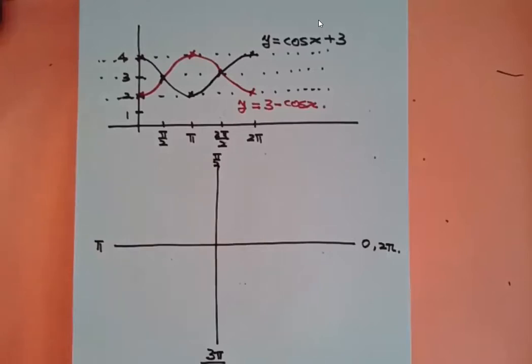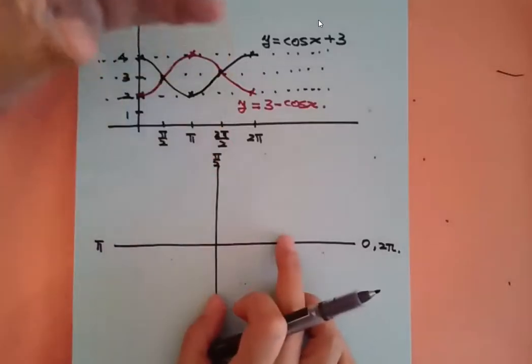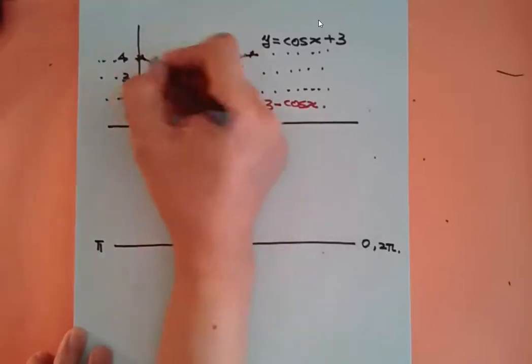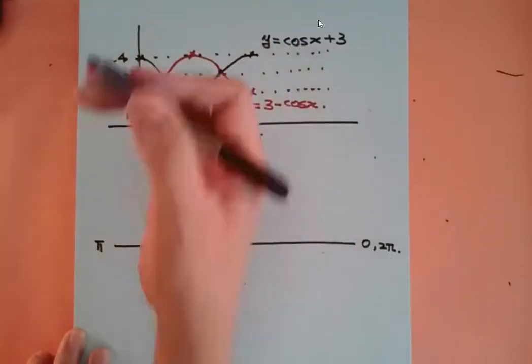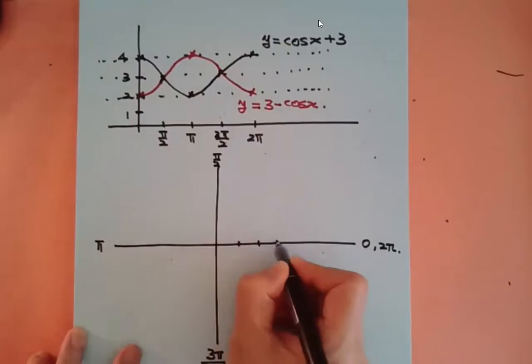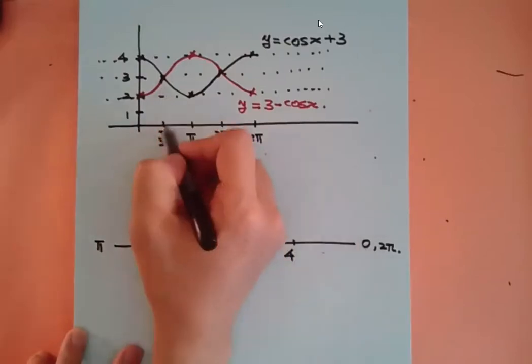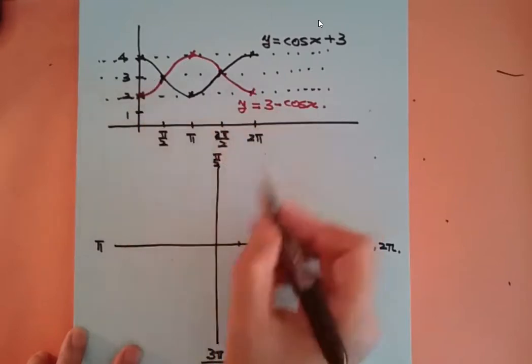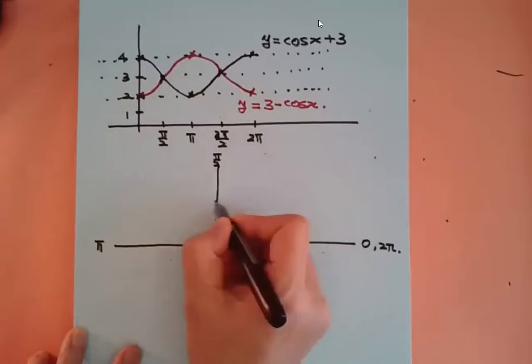When we classify the type of the polar graph of this equation, it is a limaçon. However, it doesn't have an inner loop because everything is shifted up like this. So let's draw the black graph first. When the angle is 0, the distance from the origin is 4. So 1, 2, 3, 4. And then when the angle is pi over 2, the distance between the origin and that point is 3.